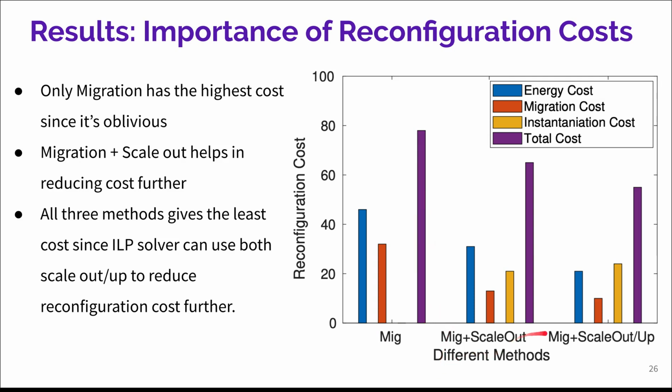But as we keep on adding different reconfiguration solutions to the ILP solver, the solver makes smart decisions and hence gives a lower reconfiguration cost if we add the 3 reconfiguration costs here. In this way, we can show you the importance of adding the 3 costs that we have added in our ILP formulation for giving us the least reconfiguration cost and the energy cost.